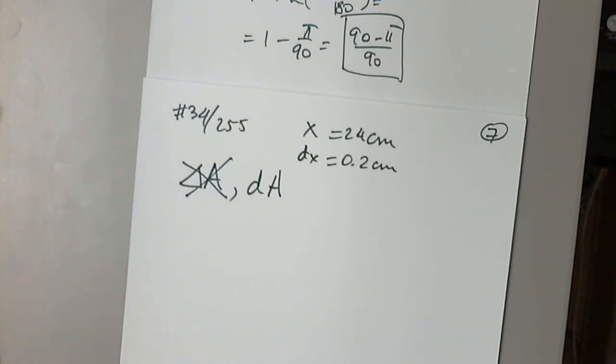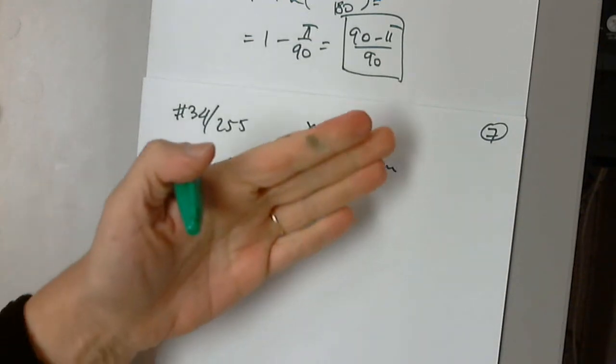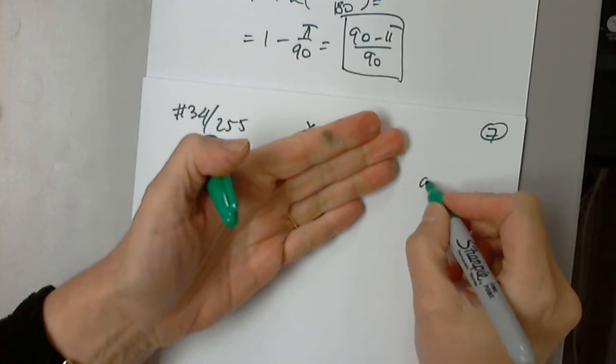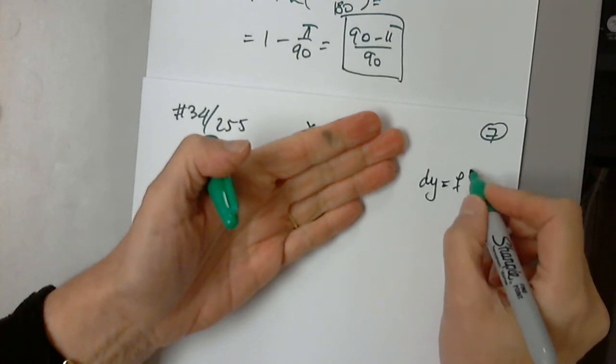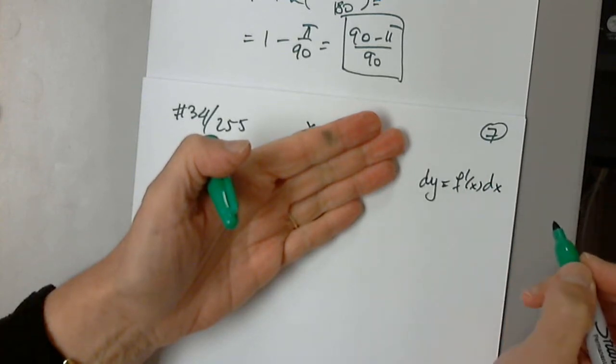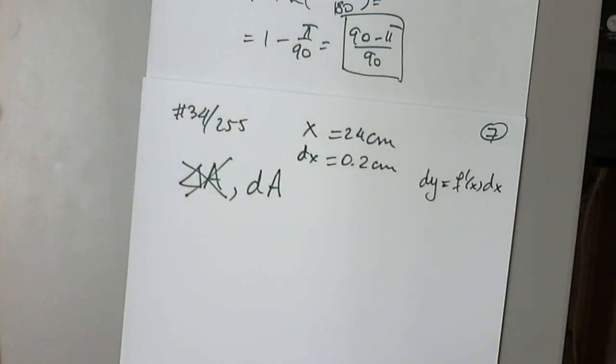Remember, the delta Y is f of 101 minus f of 100. The estimate is the differential. Remember the difference and derivative put together, differential. Okay. So what is the formula for dA? Before you say anything, remember for every function, dy is f prime of x dx. So what would be dA then?